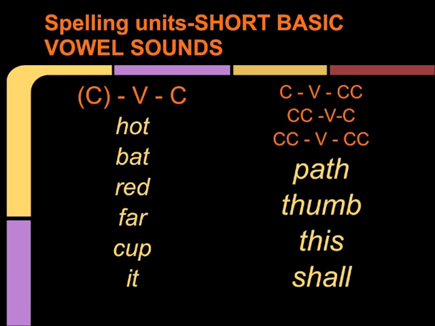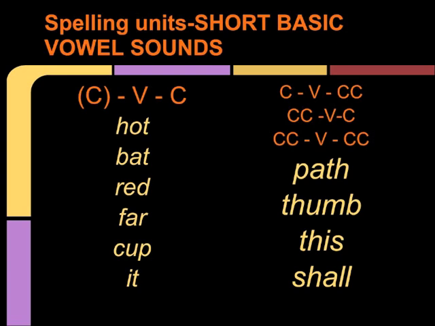Spelling units, short, basic vowel sounds. Consonant vowel consonant, such as hot, bat, red, far, and cup. Or vowel consonant, such as it.